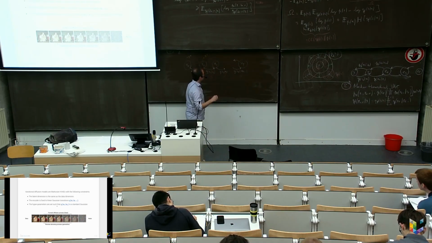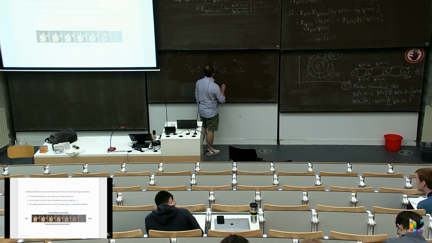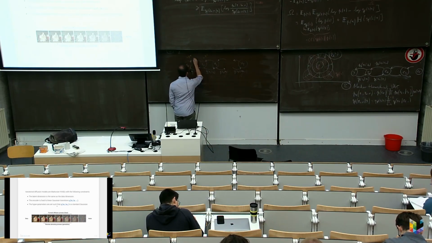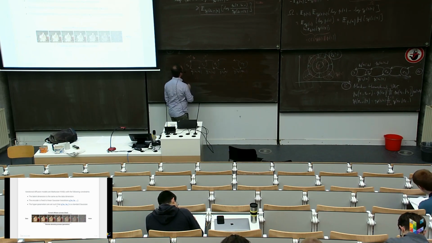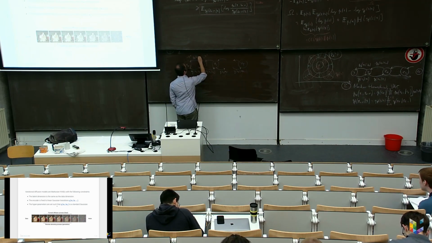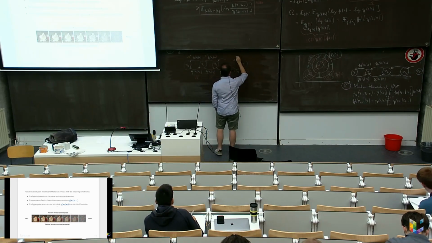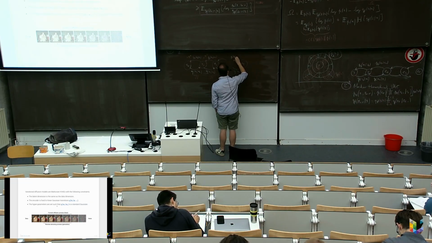And then we have the reverse denoising process, which goes from the noisy version of the data xt to xt minus 1. Okay, so here we would have p, now with a parameter, that produces x0 given x1. Here we would have p of x1 given x2, and so on. And here we would have p of xt minus 1 given xt.